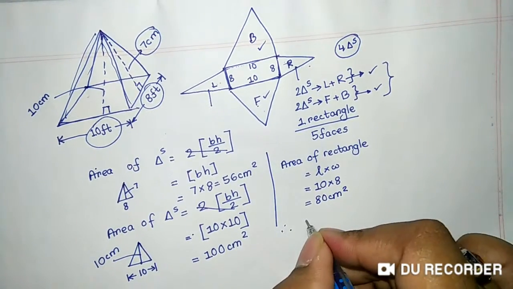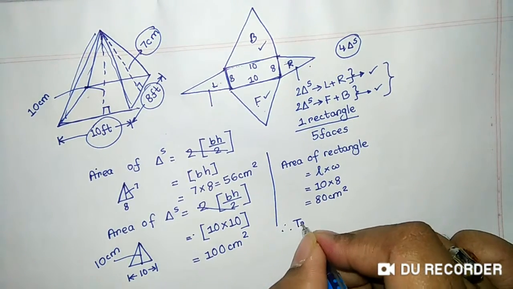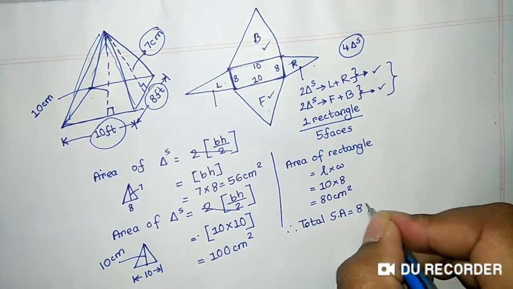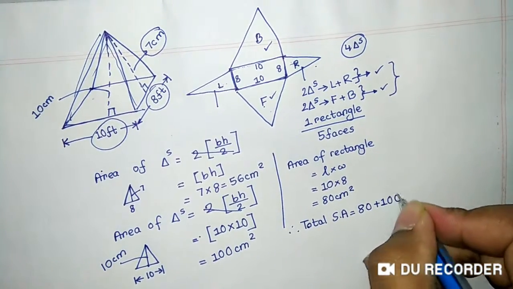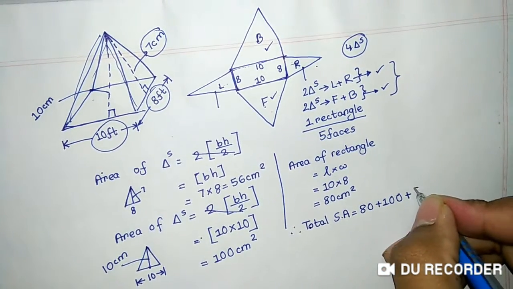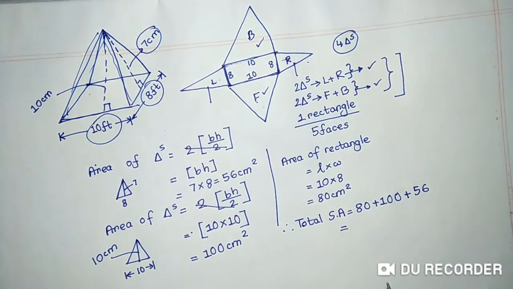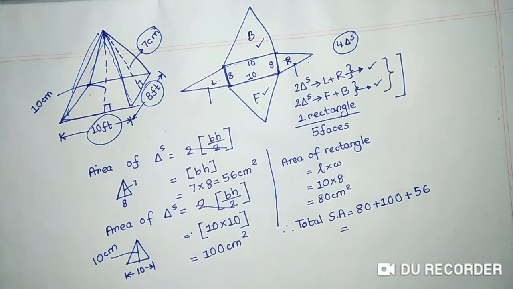Hence we can conclude that the surface area is going to be 80 plus 100 plus 56. As a result, if we add up all the 5 faces, we are going to get the surface area for the pyramid.